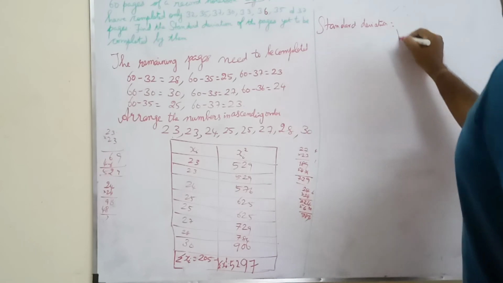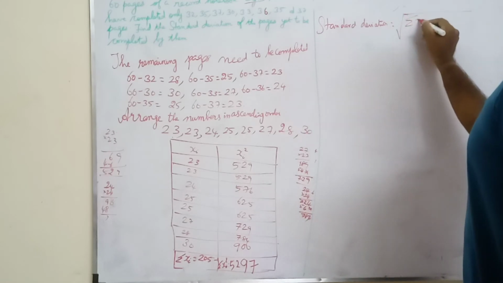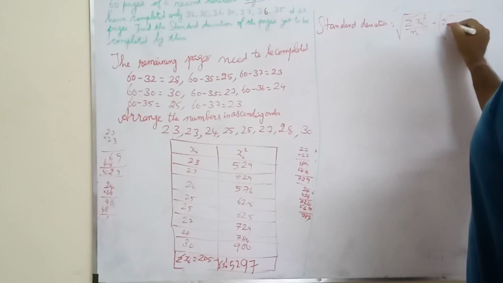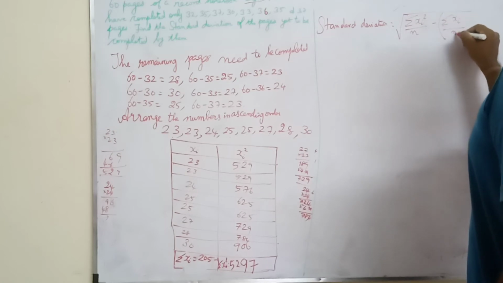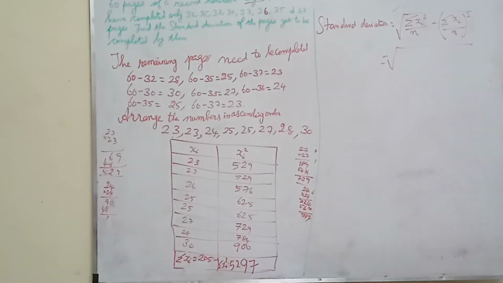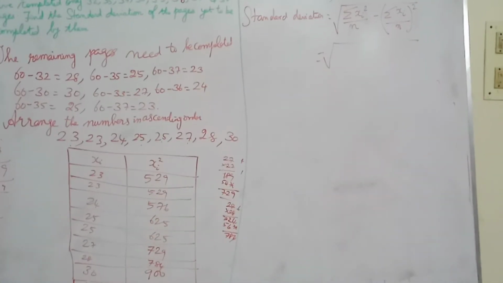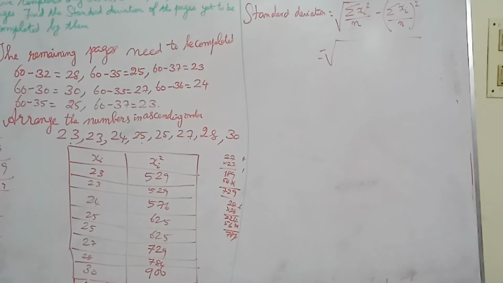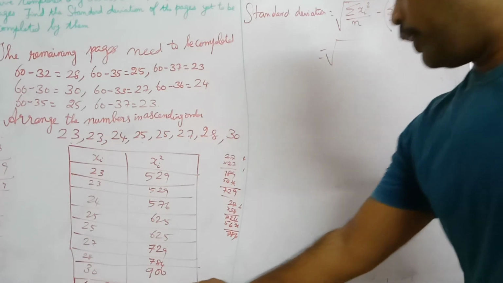Standard deviation equals the square root of sigma xi square by n minus sigma xi by n whole square. Now, next we are going to do the substitution here. Sigma xi square is how much?